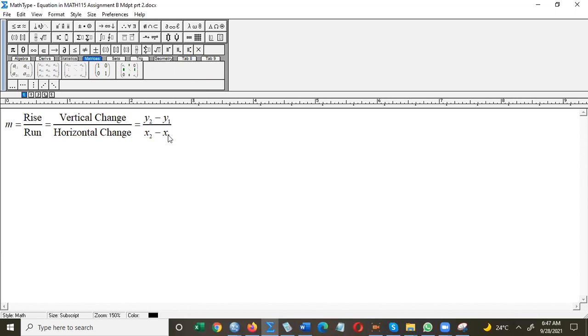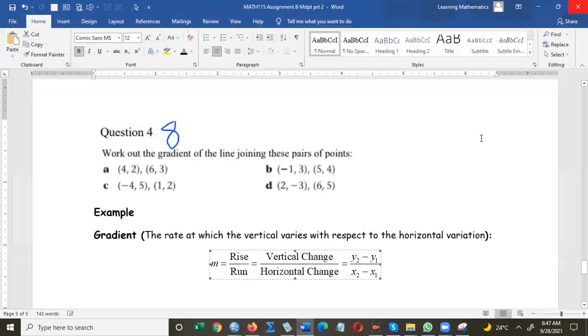Vertical change divided by horizontal change. So in a nutshell, gradient is a ratio, it's a rate of change of vertical with respect to horizontal. So bear that in mind.